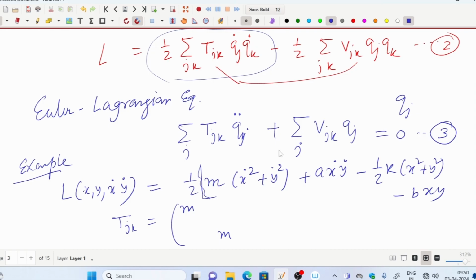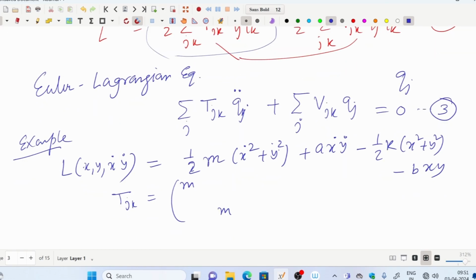I can write this term as half m (x dot square plus y dot square) plus 2 a x dot y dot.